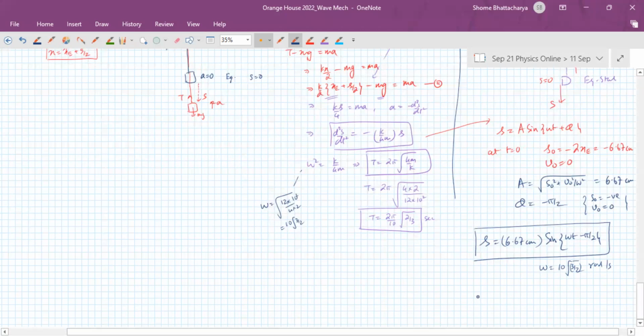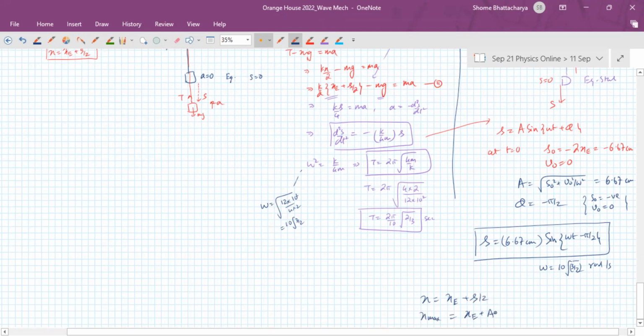Okay. Now you can see that x at any point of time, this, okay. So x's maximum value is xc plus amplitude.